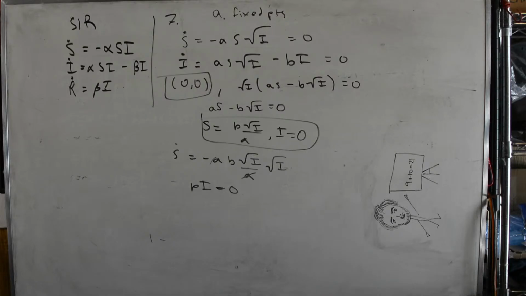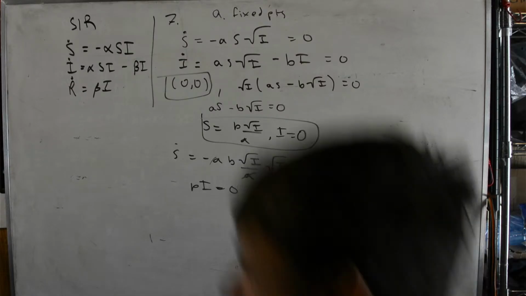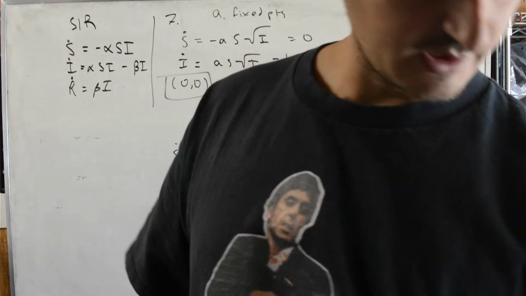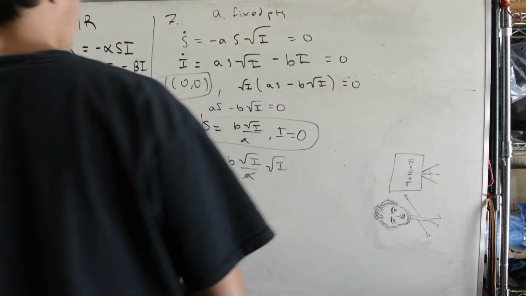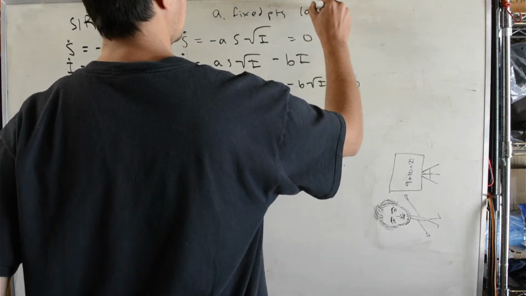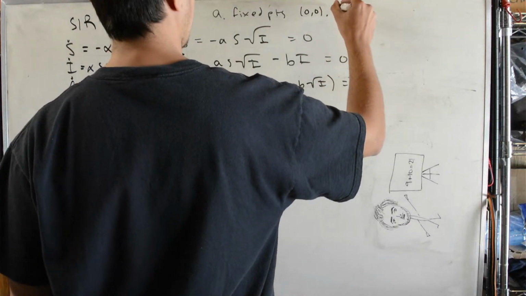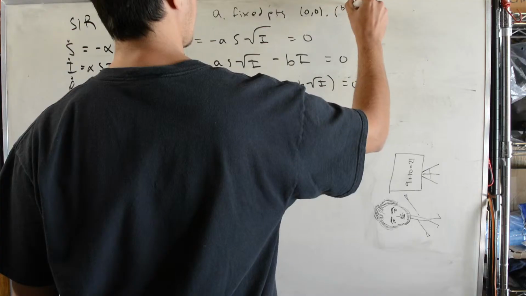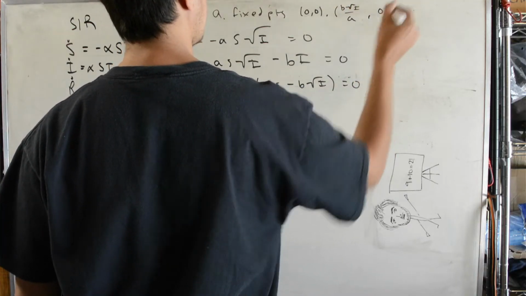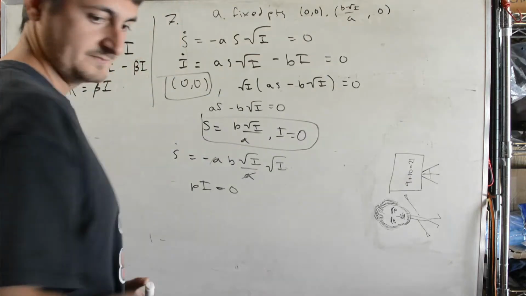Find the region of the phase plane where dI/dt is greater than 0. Okay, so B. Wait, we need to switch. Let's write these. A is 0, 0, and B is square root of I over a and 0.